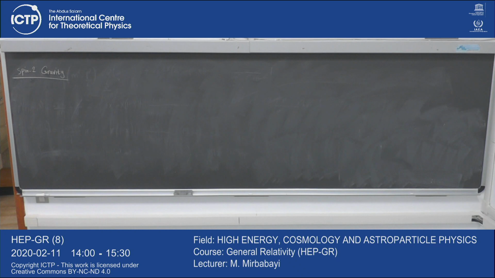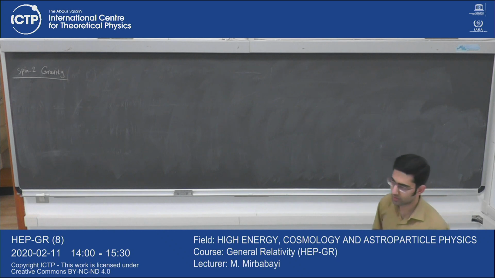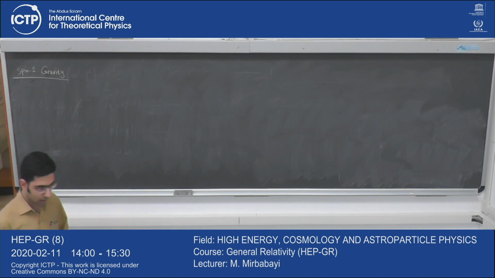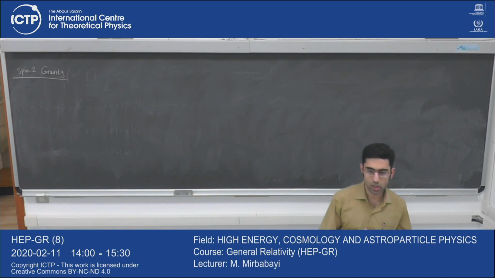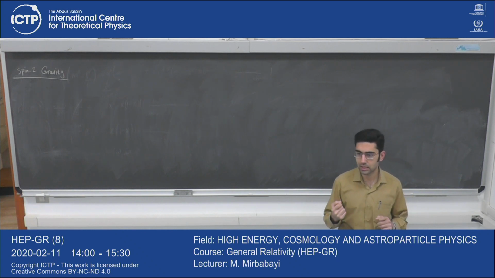So one thing that we saw was that the predictions of this theory are incompatible with observation. For instance, it predicts zero bending for light, which we now know is not true. We have a non-zero bending of light by the sun, for instance. And also, its prediction for the emission of gravitational waves, we saw in the previous lecture, leads to some rate of change of the radius of a binary system.